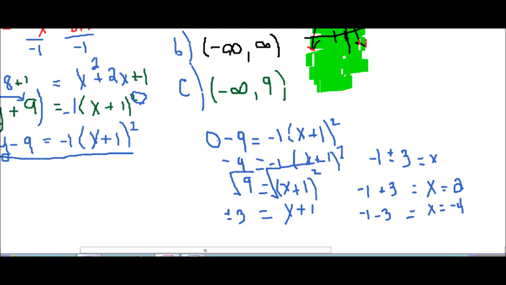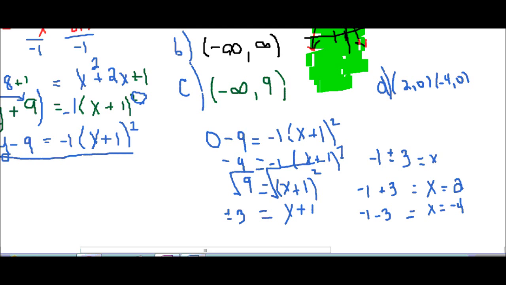There's your two x-intercepts. That's part D, so I'll go ahead and write it over here for sake of room. Remember, there are 2 points. X came out to be 2 when y was 0, and x came out to be also -4 when y was 0.